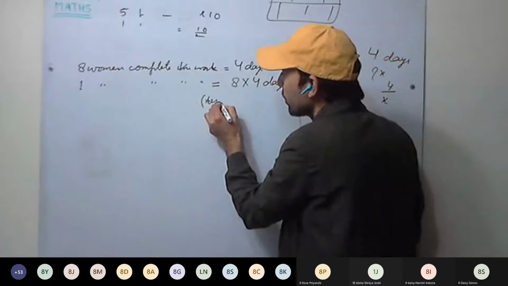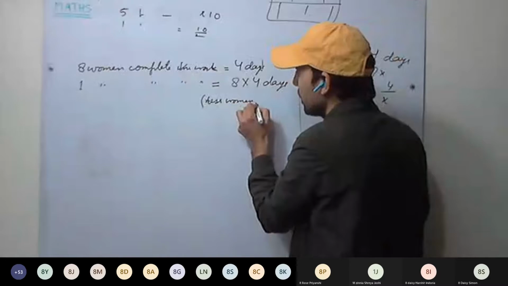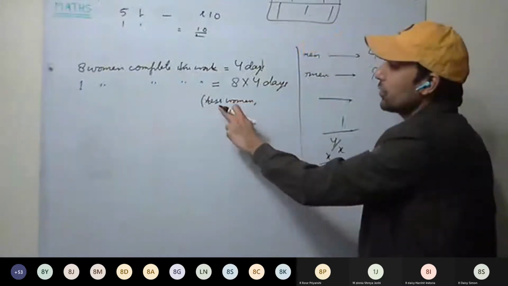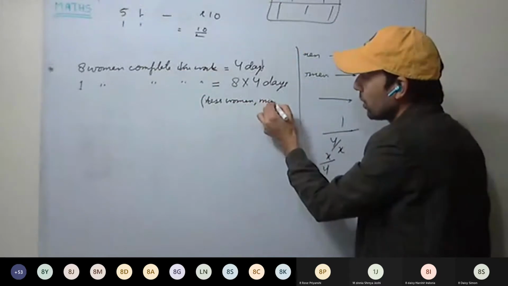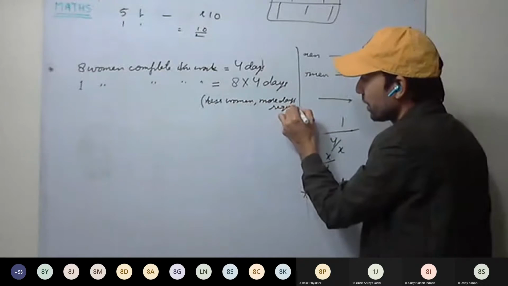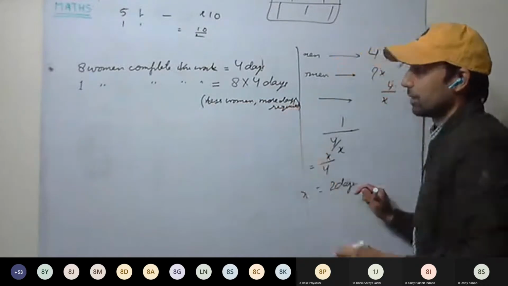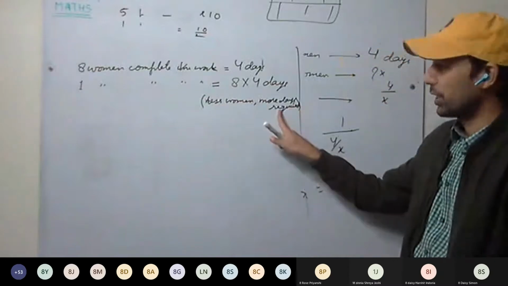We have decreased the women. Less women. If less women are working, more days will be required. They are in inverse proportion. Less women, more days required.